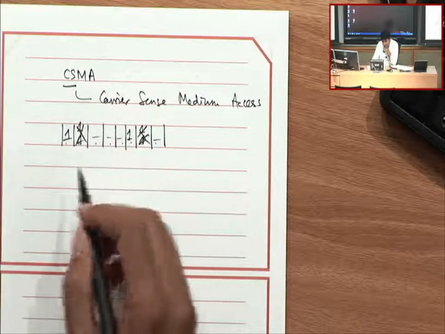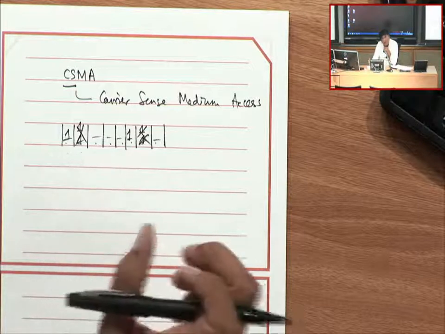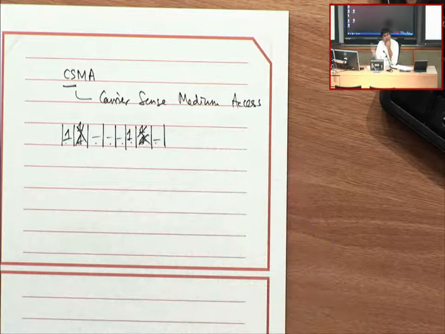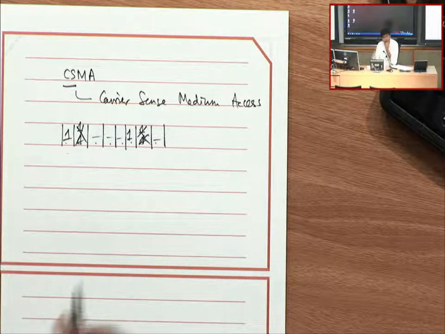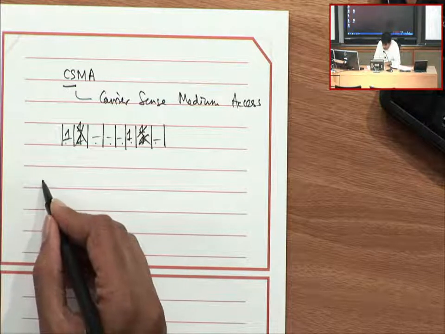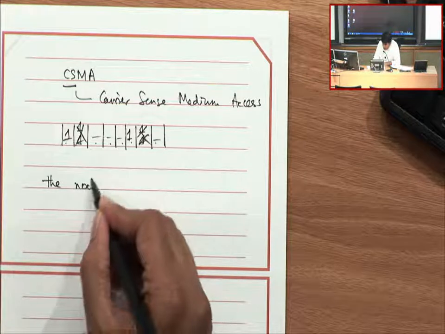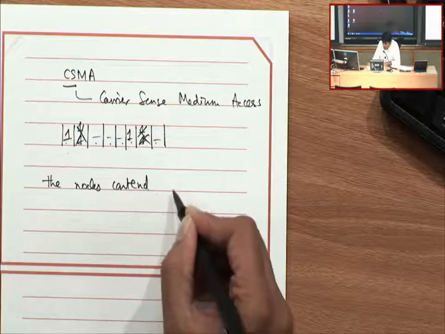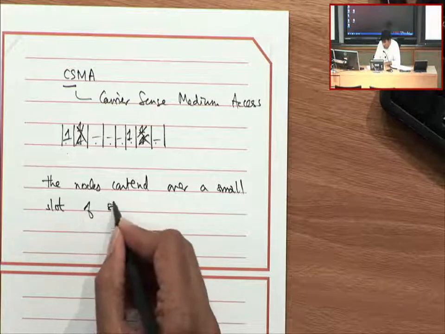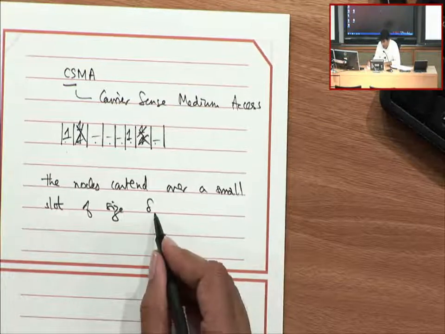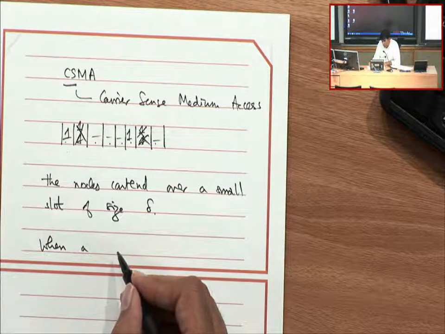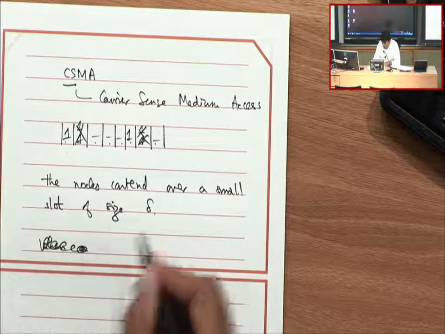With carrier sense multiple access, the contention happens at a finer grain than a packet. It's not that you're contending exactly once every packet, but you might contend in slots that are even smaller than a packet. So one way to think of CSMA is that the nodes contend over a small slot of size we're going to call delta.